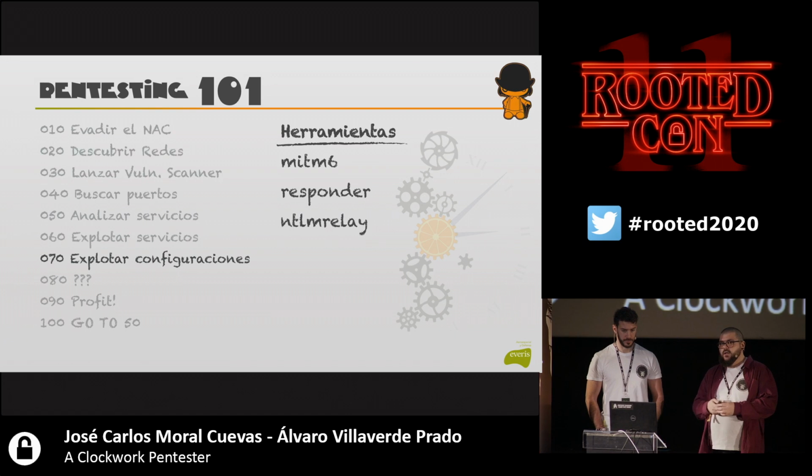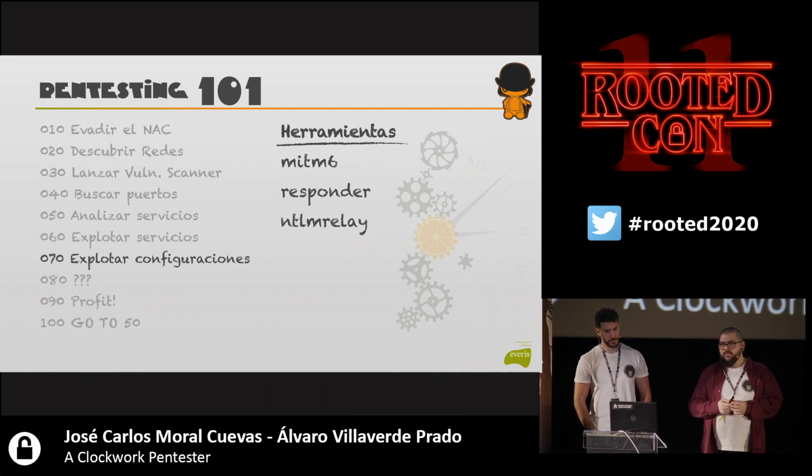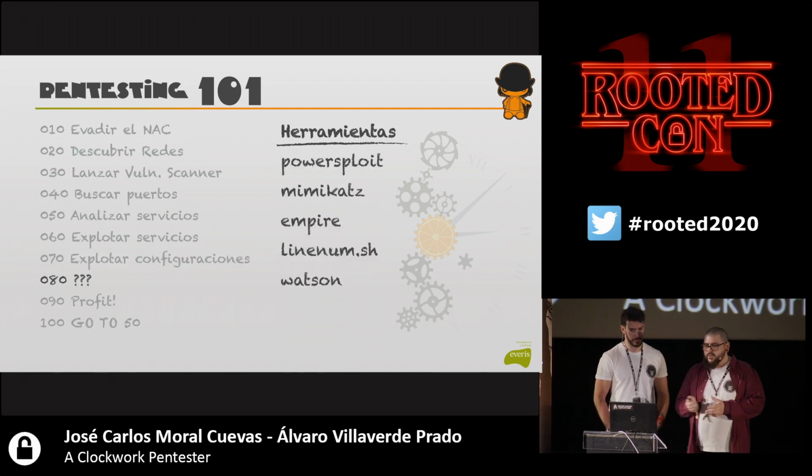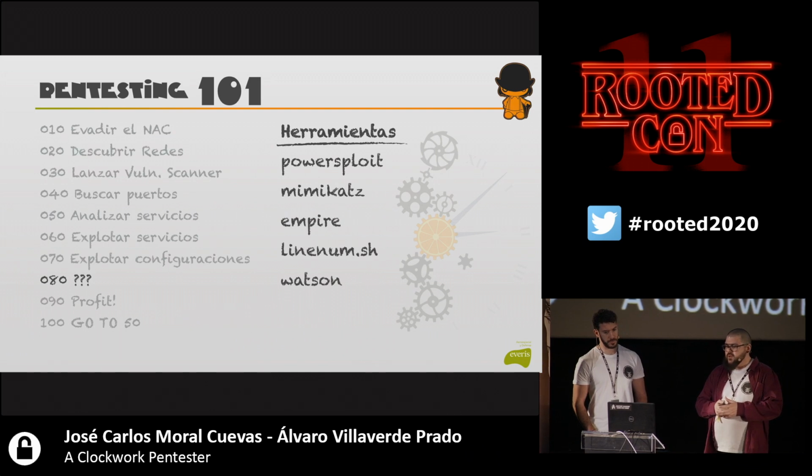So when we do man in the middle, the authentications against servers that do not have packet signing are redirected against them, and then we use them to gain access without using any credentials.